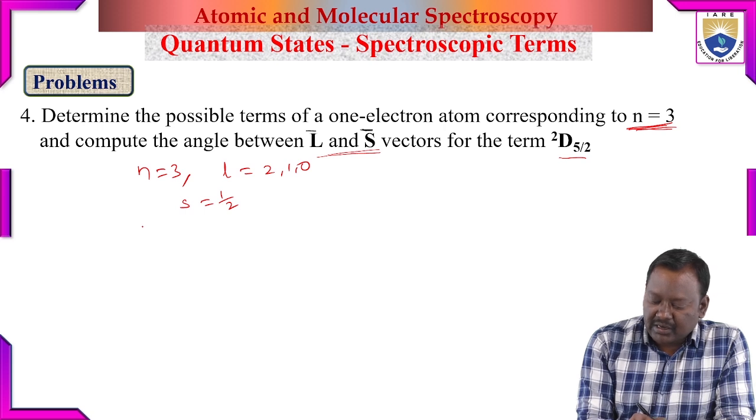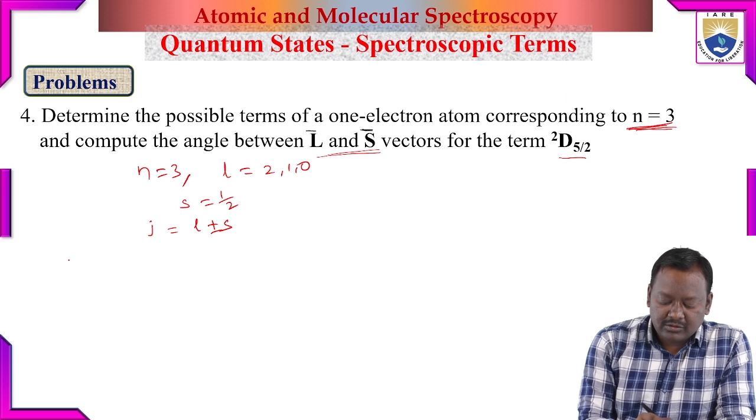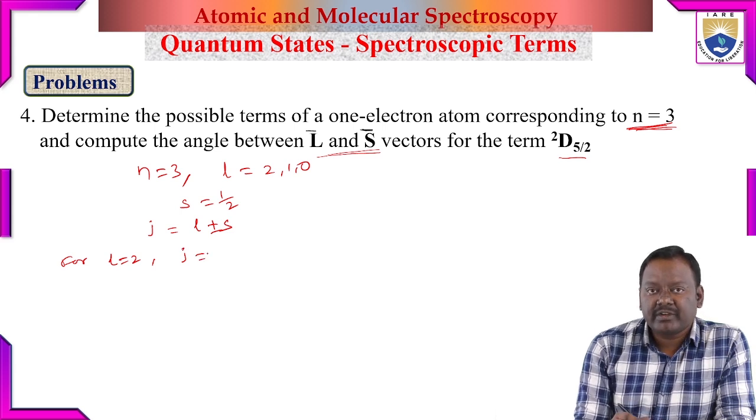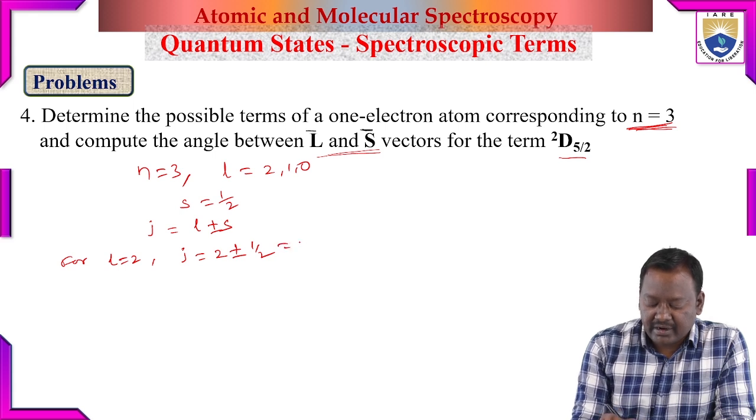So the total angular momentum quantum number J can be calculated by L plus or minus S. So for L equal to 2, the J value can be calculated as L plus or minus S. So for L equal to 2, 2 plus or minus 1 by 2. That means 2 plus 1 by 2 means 5 by 2, or 2 minus 1 by 2 means 3 by 2.